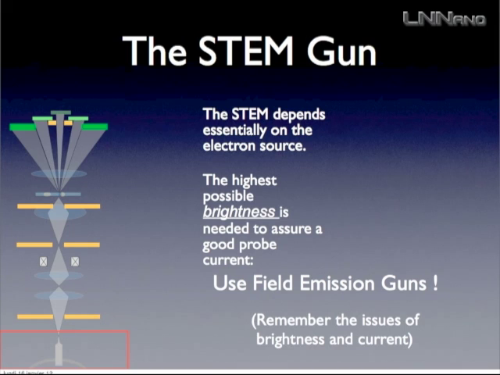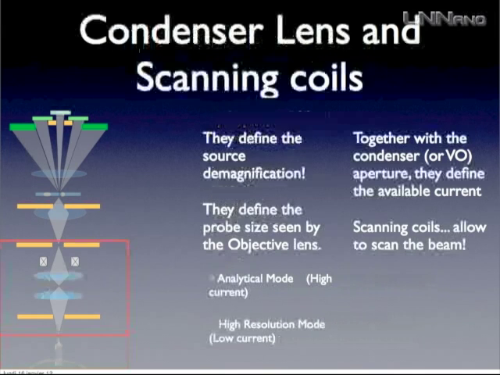So if you want to make HAADF, I hope you will want to make it at the end of my talk, you have to go to this kind of gun. Otherwise, it's most likely worthless. Okay, so this is for the gun. This is really the critical part, I would say, of this kind of machine.